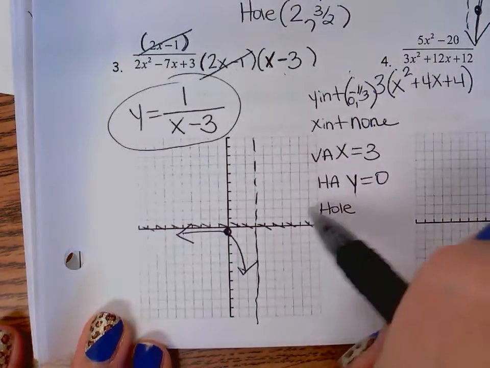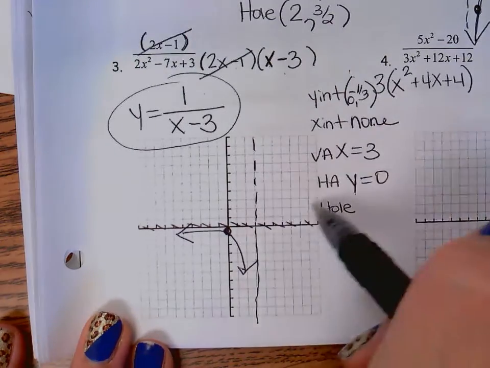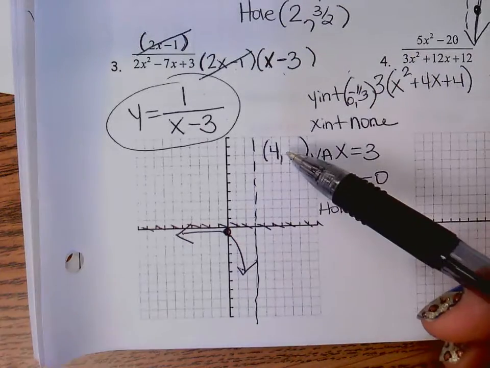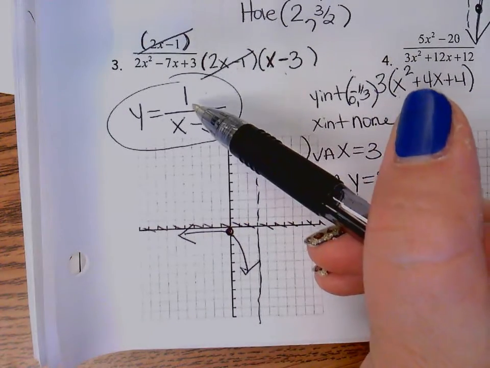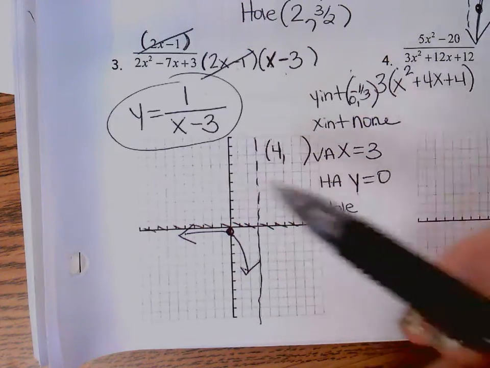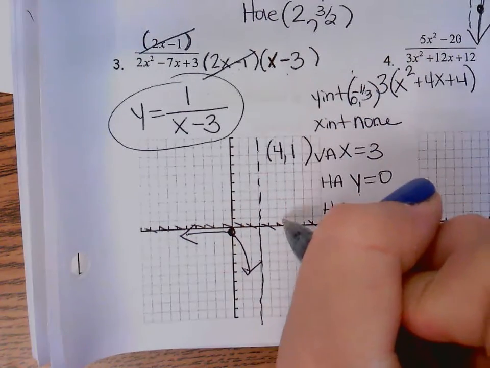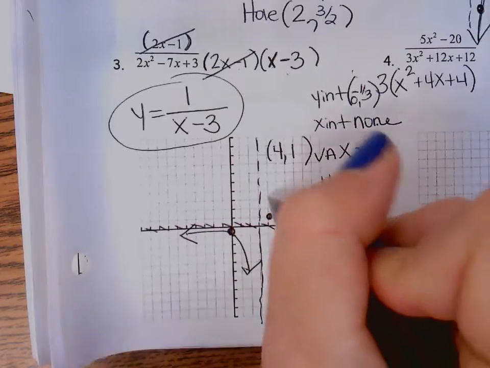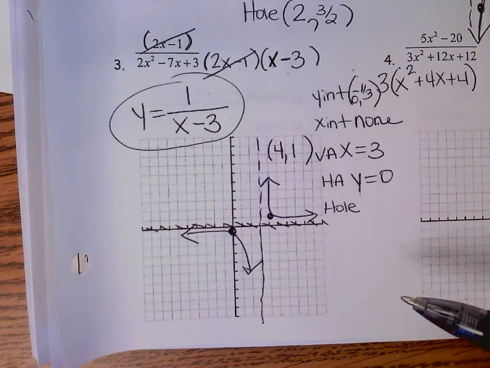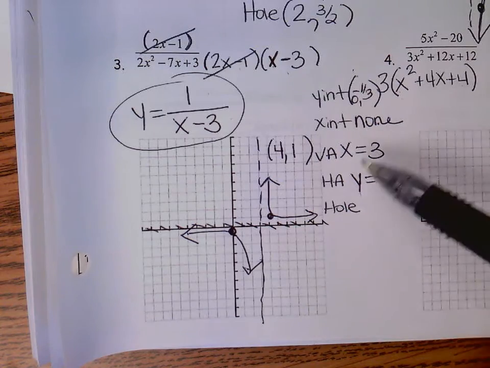Probably my other elbow is in this top region, and I can plug in the number 4 to figure that out. If I plug in 4, I get 1 divided by 1, which is 1. 4, comma 1 is right here. That's my other elbow.